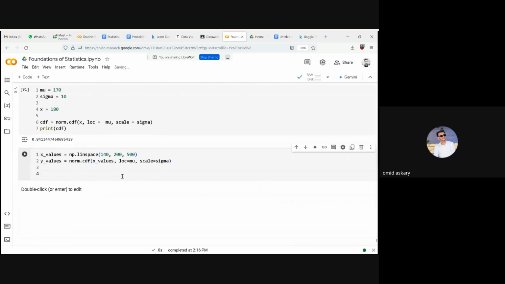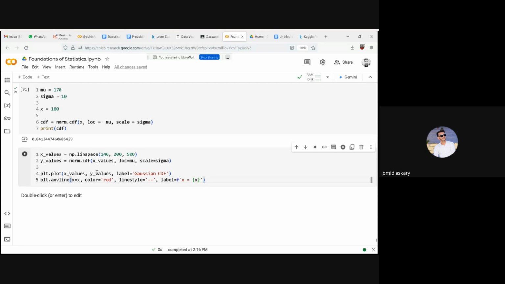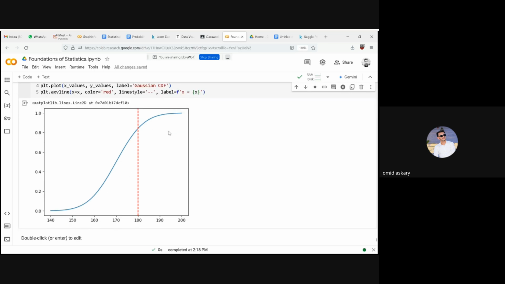So just plot the whole thing again. The X value is the same. Let's plot it and see. And this is now the Gaussian CDF, the cumulative density.